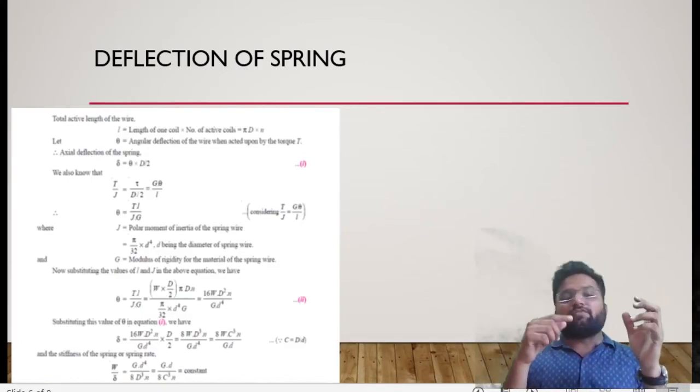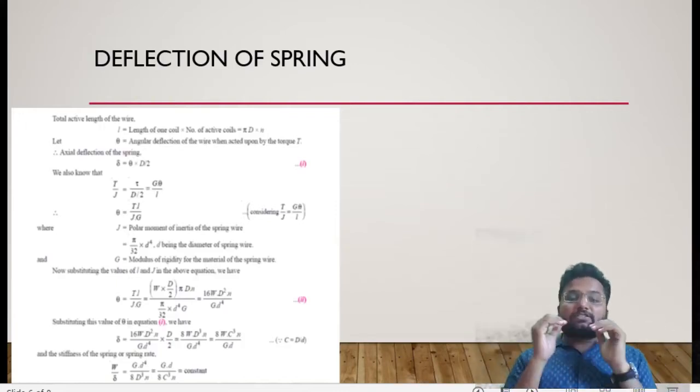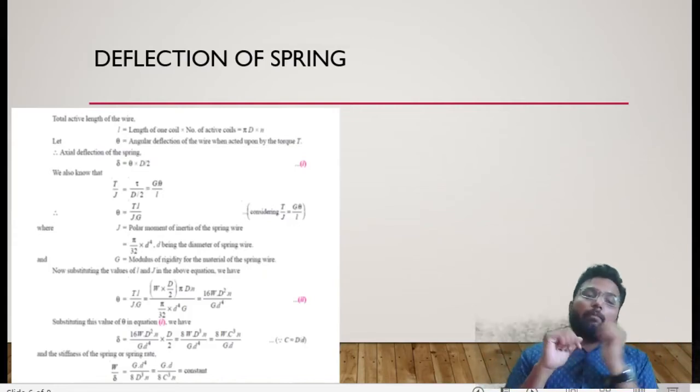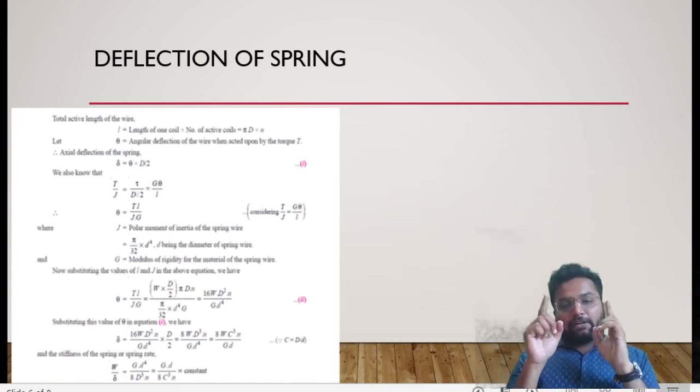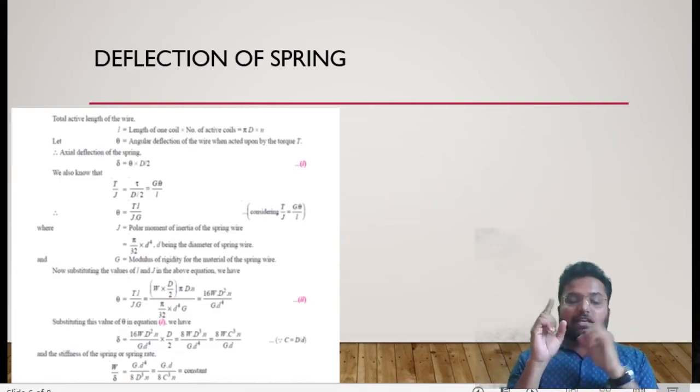This twisting moment will convert to twisting of our wire, and this twisting of wire is just because of the deflection caused by the linear movement of our spring. So linear deflection is represented by theta into D by 2, where we are going to find this theta from that twisting moment, shear stress and rigidity.